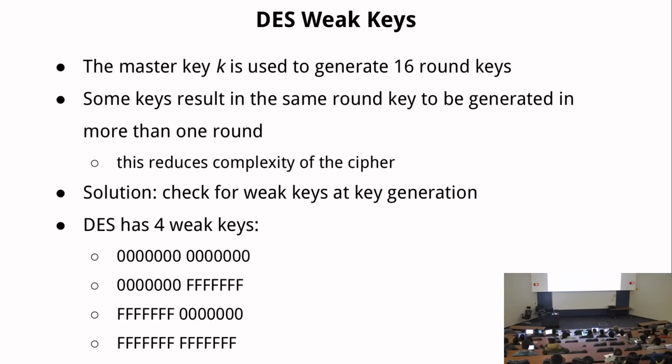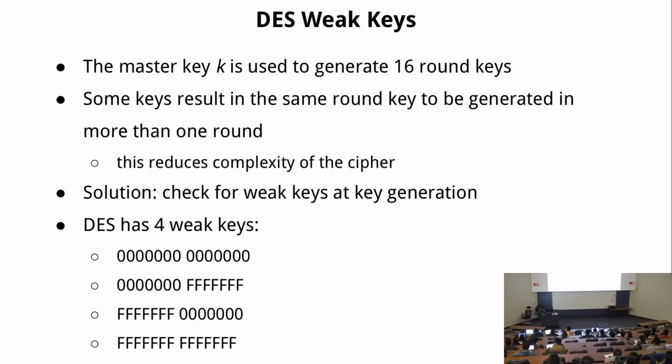Some keys result in the same subkey being generated more than once, so you do not get 16 unique subkeys. Some of them repeat. People discovered at least 4 weak keys, which are all 0s or all 1s. I believe there are more, but those are the widely known ones.